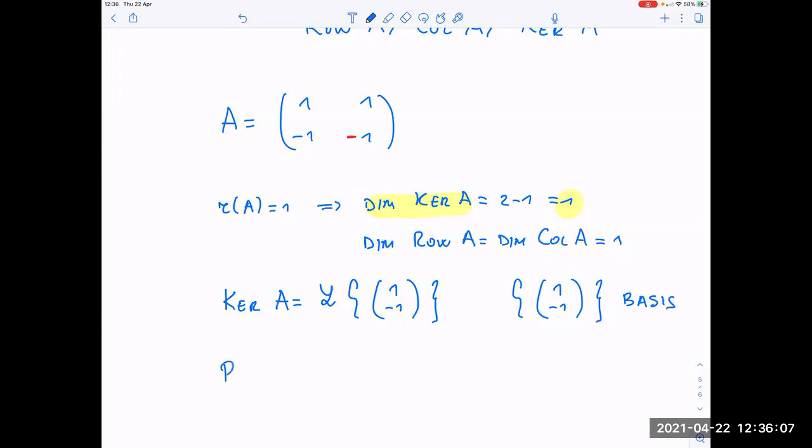What about the row space? Well, the row space, again, has dimension 1, so just any non-zero row will do. And this will be a basis for the row space.